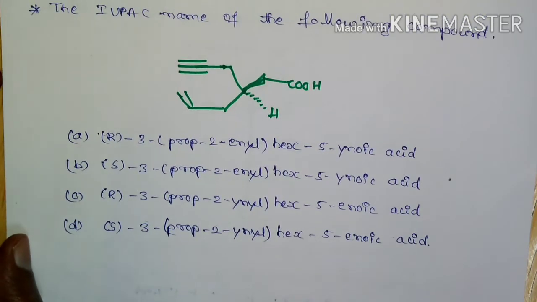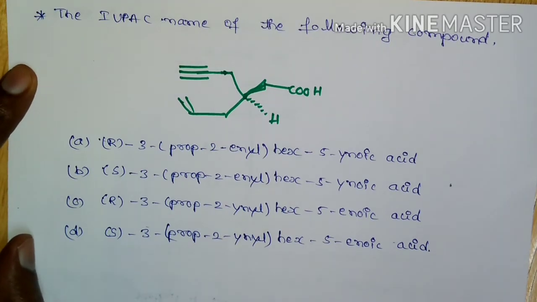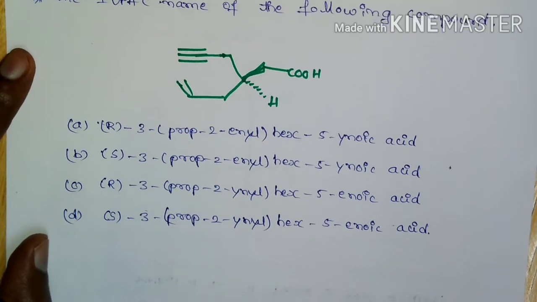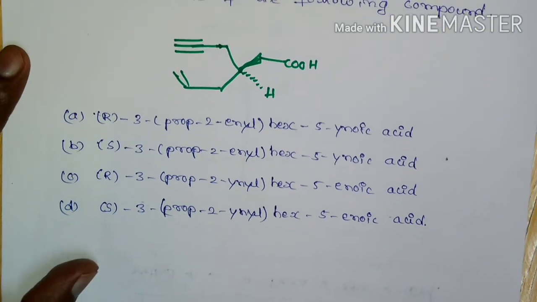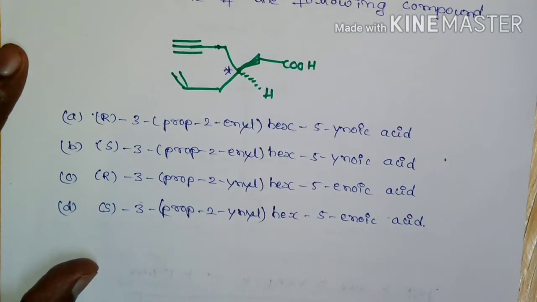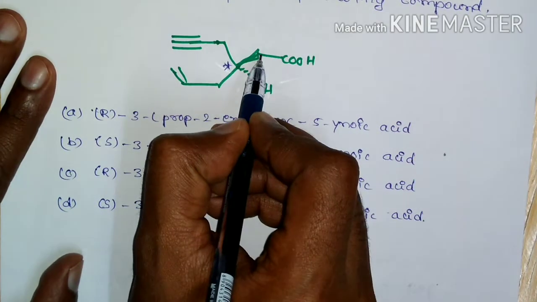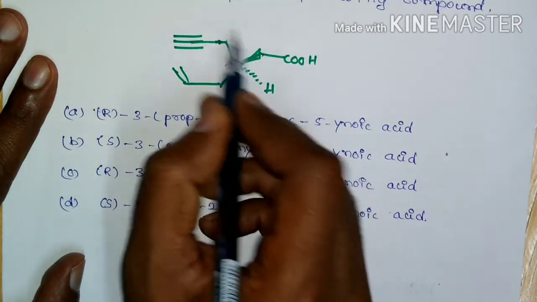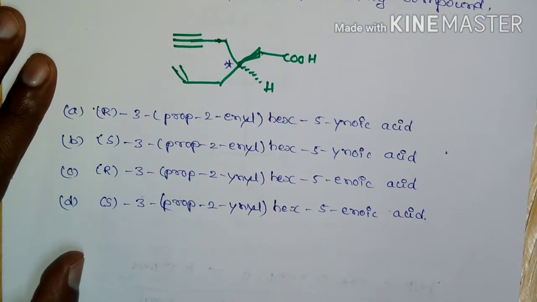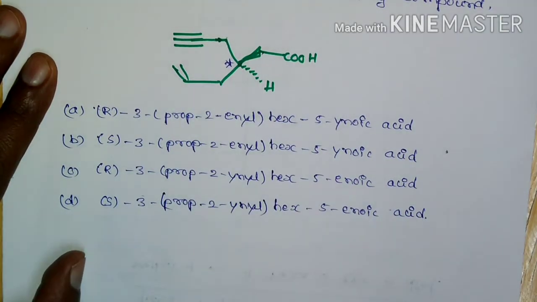So here both the concepts are involved: one is IUPAC nomenclature, followed by R and S configuration assignment. First, this is the chiral center, and if we assign the priority, CH2, CH2, CH2, at first we are not able to identify the priority since all three groups contain CH2.